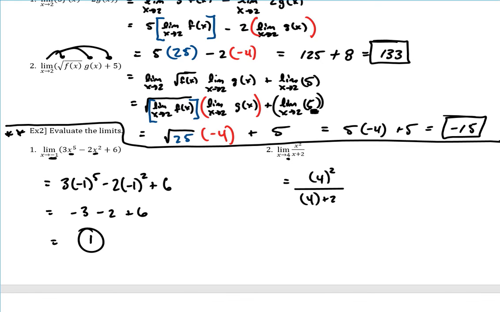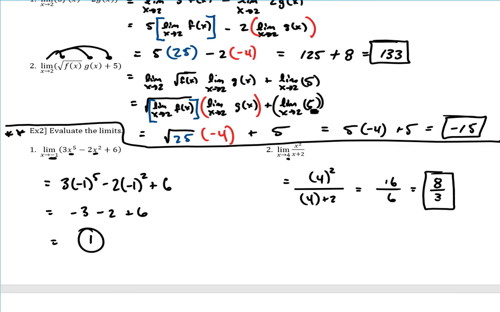And then now do your order of operations. We have 4 squared is 16, and then 4 plus 2 down below is 6. And then we could divide these. They're each divisible by 2, so we have 8 thirds. And that's that. So that's using these rules. So we'll continue to apply them.